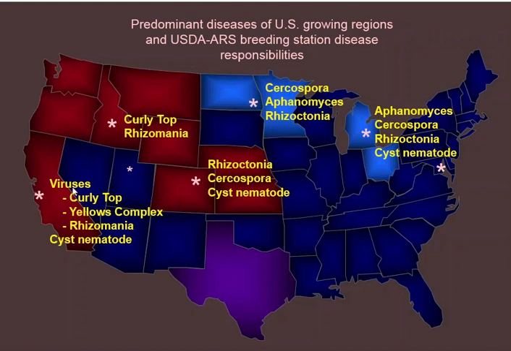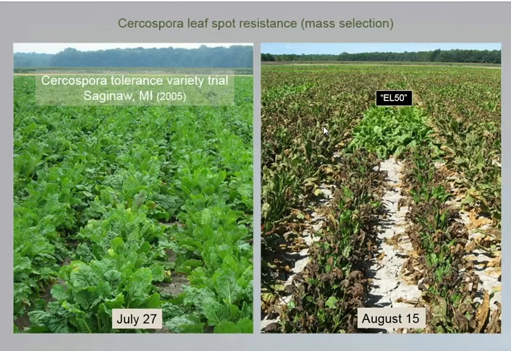So we can almost have two different heterotic type groups in the U.S. depending on whether the germplasm originated in the western part of the U.S. or in the eastern part of the U.S. So curly top has been that driver, as well as rhizomania is a lot more important. The viruses in general are important in the western regions versus root rot diseases in the eastern portion.